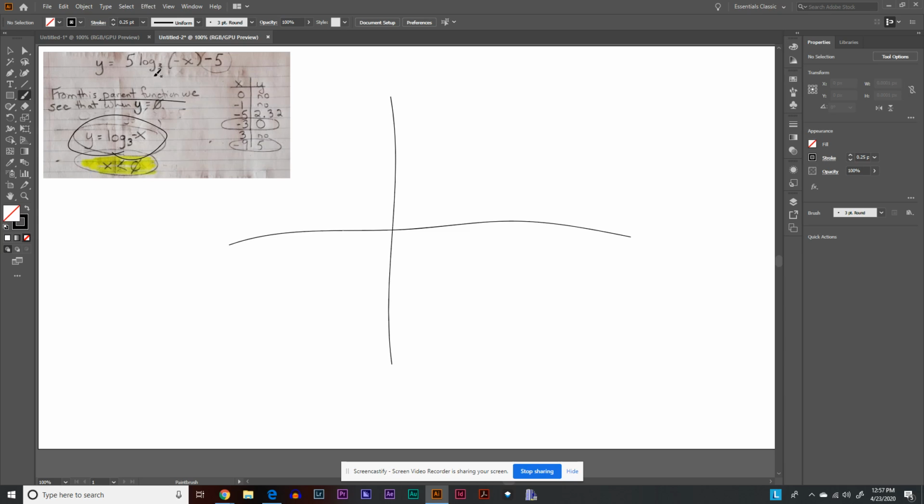You can see that we already have the parent function in this. This function is more complex because it's 5 times this parent function in the middle here, and then we also subtract a 5 afterwards, right?